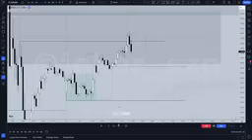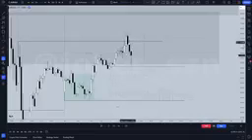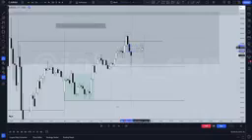So we have this order block right here, those two down closed candles, and as you can see, we here have now also created a fair value gap on the sell side as well.